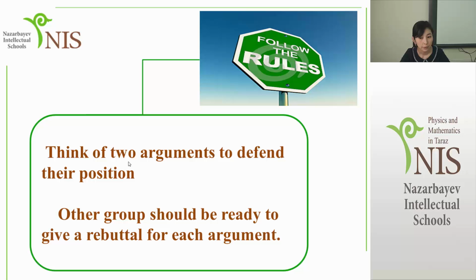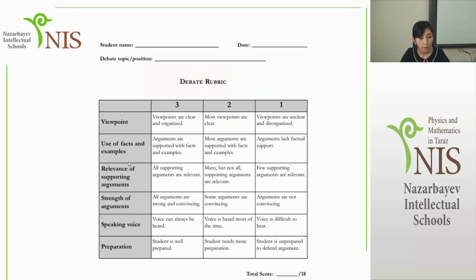So they should follow also the rules, think of 2 arguments to defend their position, and the other group should be ready to give a rebuttal for each argument. As you can see, this is a debate rubric. One group writes their name, then the debate topic or position, and the date.